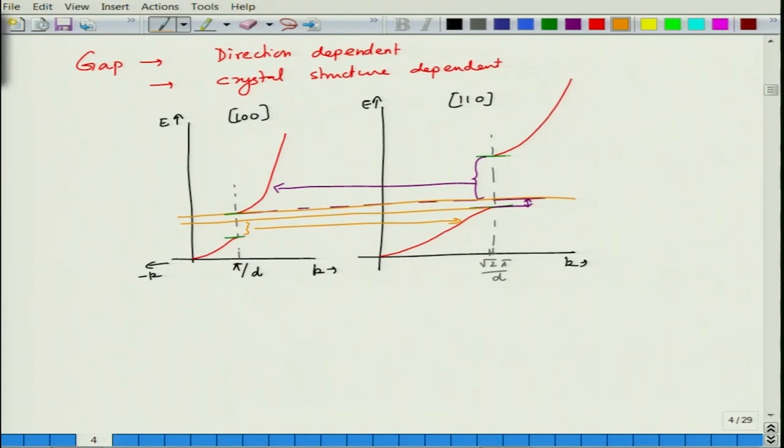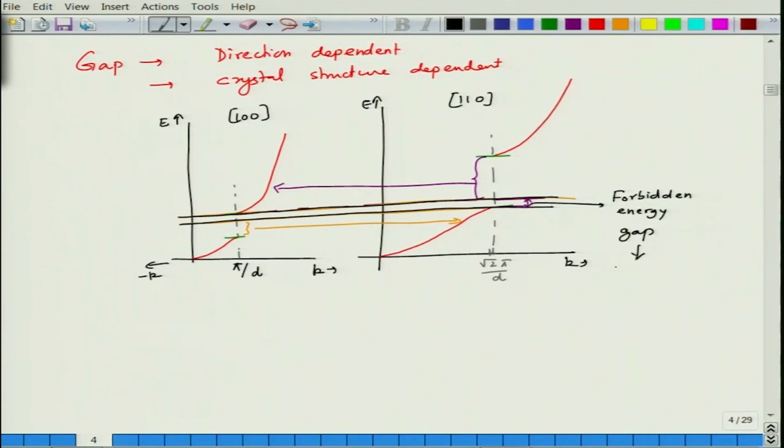Similarly, although there is a gap in the 110 direction in this region, at this k value the electron can always shift to lower k values and travel at different energy states in the 100 direction. However, having said that, this region in between is a region where there are no states available. So, this will be, you can say, the forbidden energy gap.